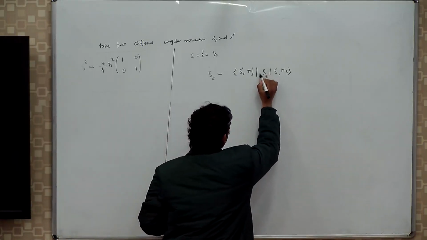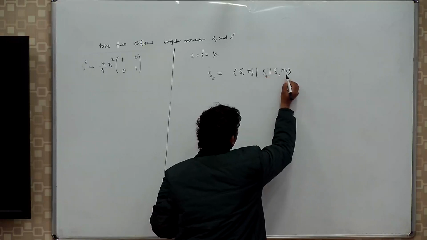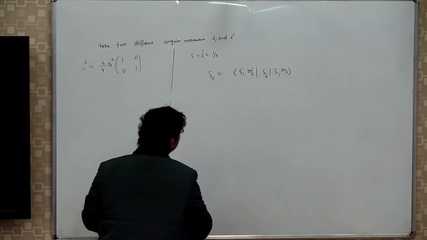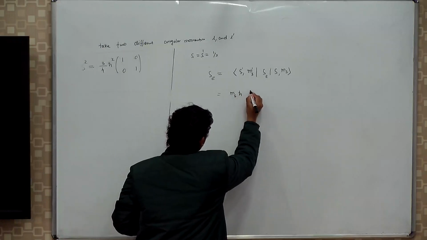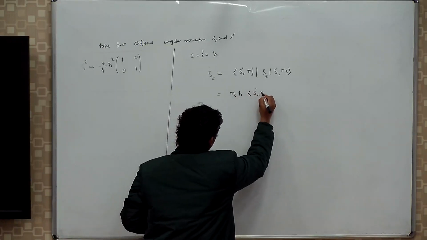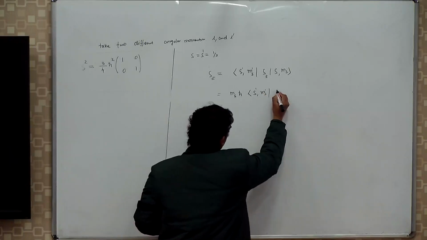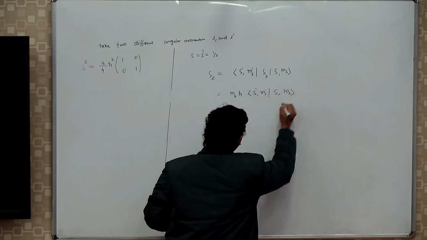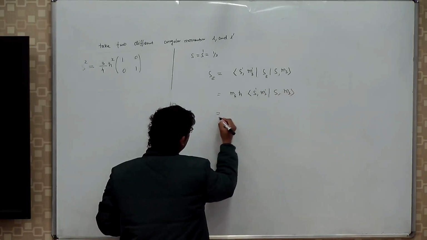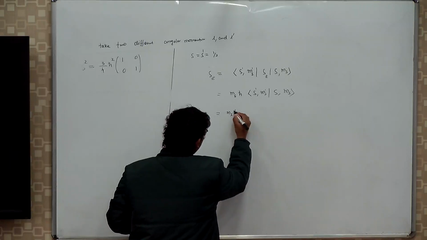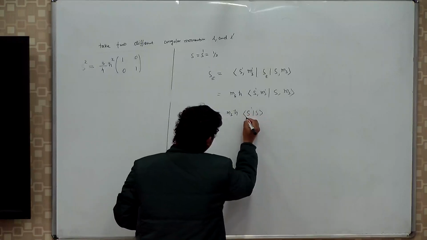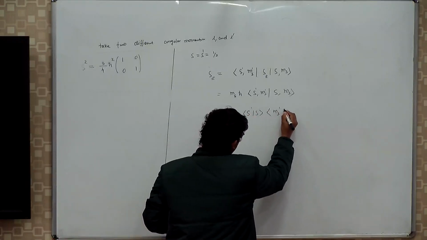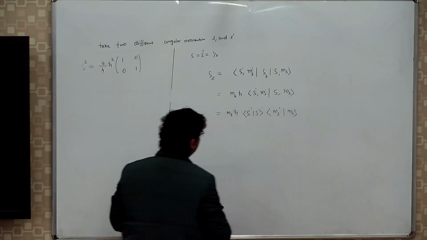Now the operator S_z acts on the state vector |s, m_s> and gives m_s h cross, inner product <s dash, m_s dash | s, m_s>. Then keep it as m_s h cross, delta s dash s, delta m_s dash m_s.